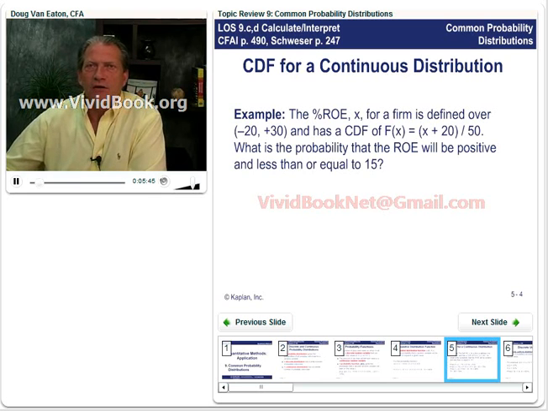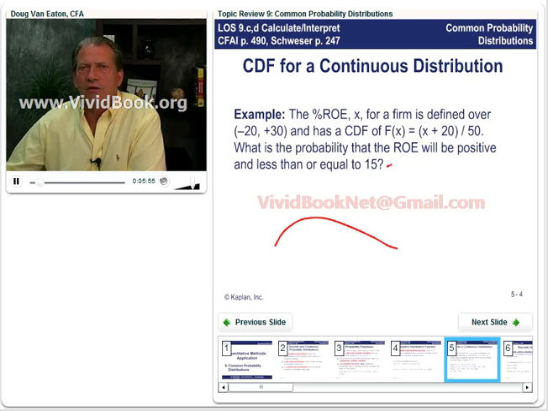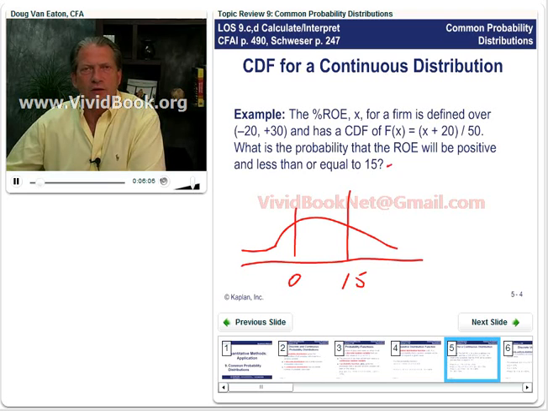15%? So if we've got some distribution, and I'm not saying this is the distribution we have, but we can draw one like this and say, well, here is 0, and here is 15. So what we're after is that probability right there in the problem.